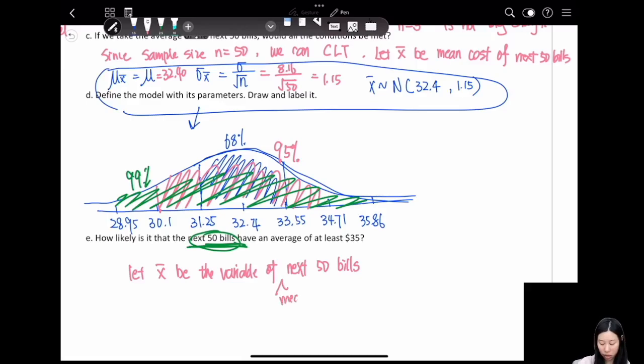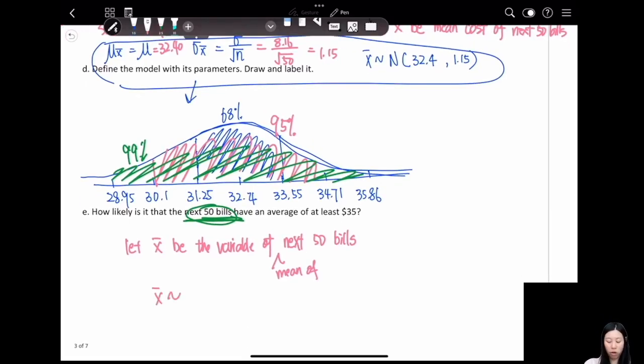We know X bar follows a normal distribution with a mean of $13.40 and a sigma of $1.15. Now we use GeoGebra to figure out when X bar is greater than or equal to 13.5, because this is at least 13.5.